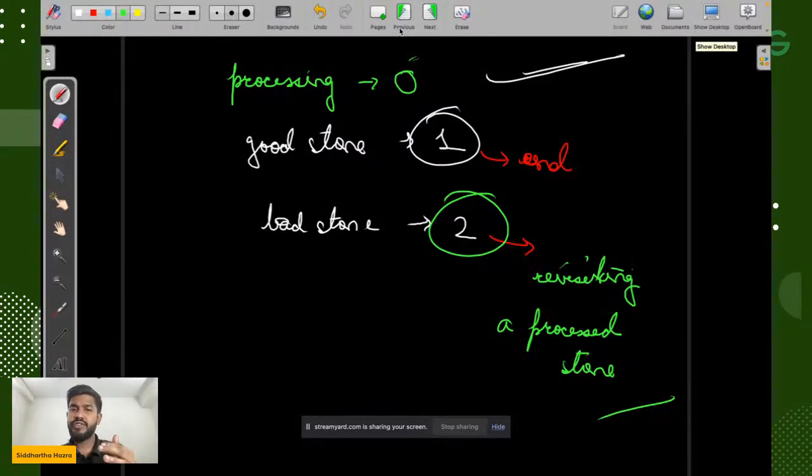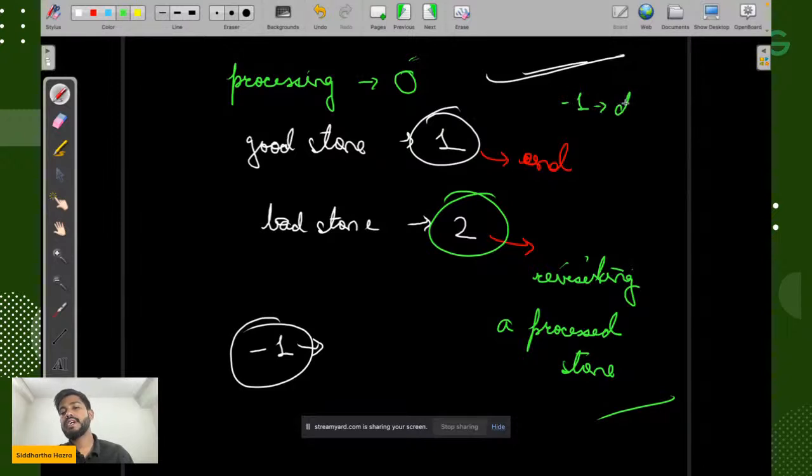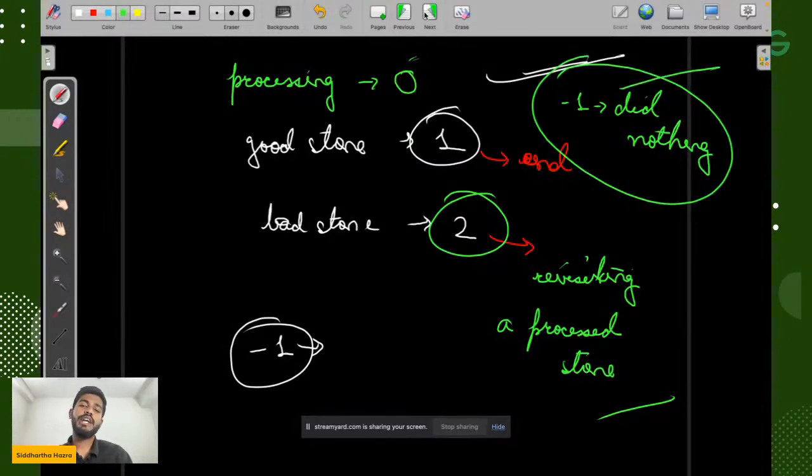These are the 3 states we keep in mind: 0 means processing, 1 means it is a good stone, and 2 means that we are revisiting it. And -1 means still not decided, we did nothing.